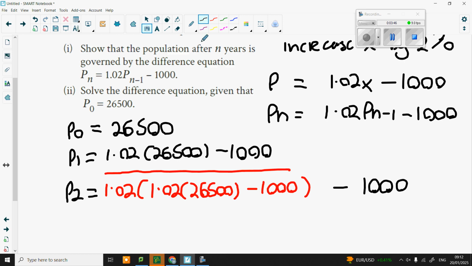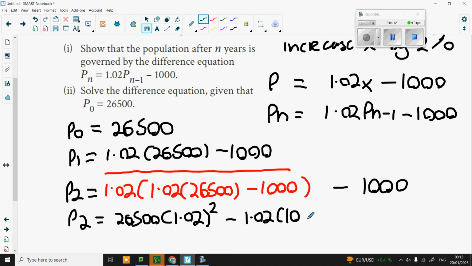Now I'm going to multiply that out, and you're going to start to see a trend, right? Maybe not now, but by P3 or P4, you'll start to see a trend on the answer, okay? So would you all agree I have 26,500 times 1.02 to the power 2. I then have minus 1.02 times 1,000, take away 1,000.